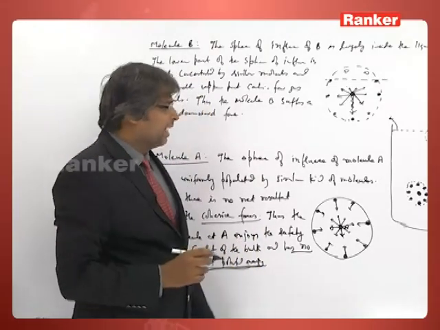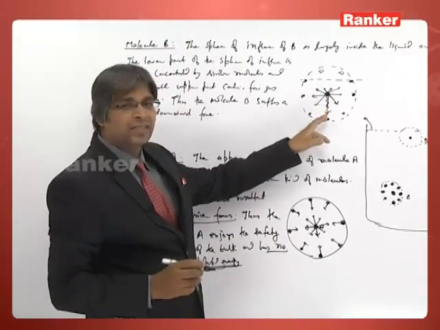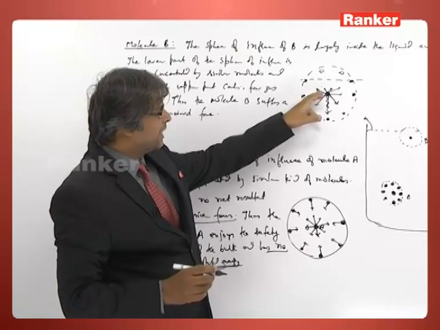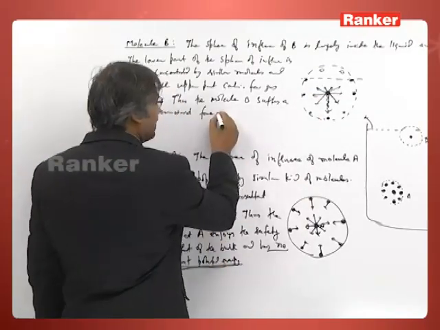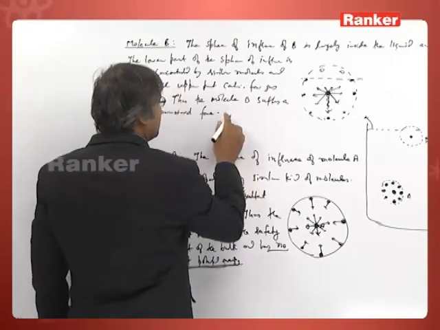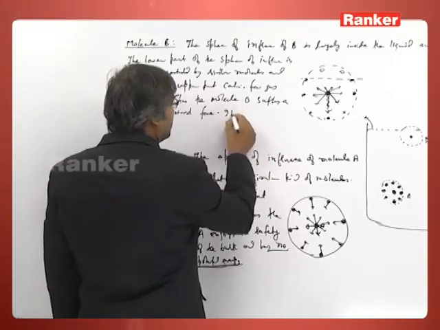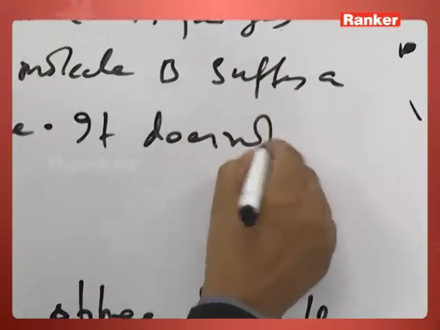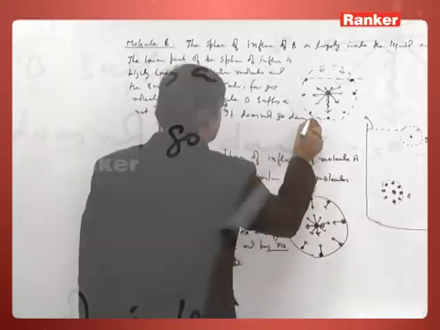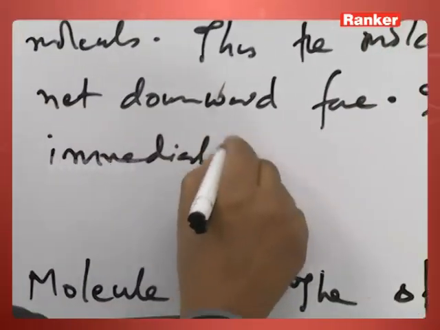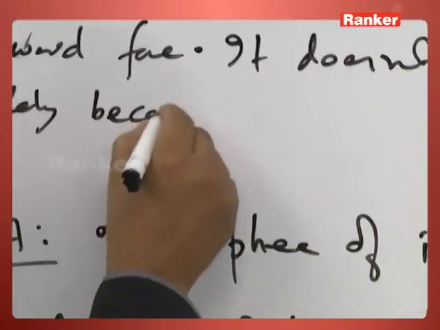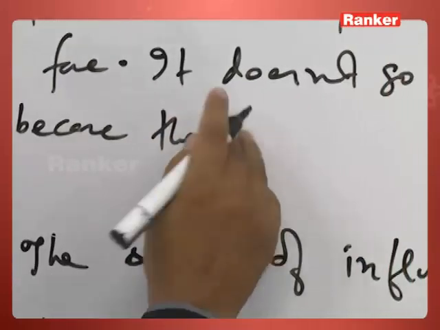Now the question is, if it suffers a net downward force, then why doesn't it go down? It is a basic question. It does not go down immediately because there is no room.